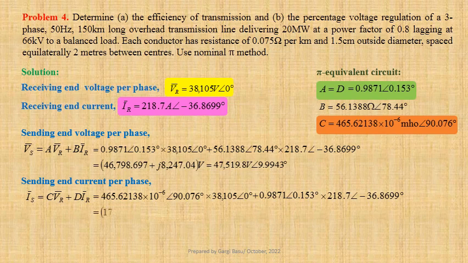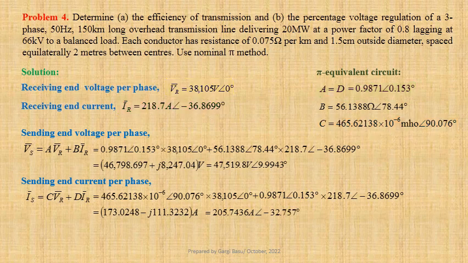That gives us 173.0248 - j111.3232 ampere. This may be written in polar form as 205.7436 ampere ∠-32.757°.